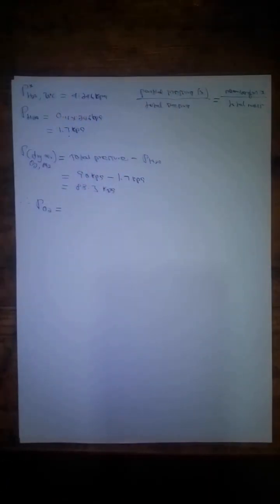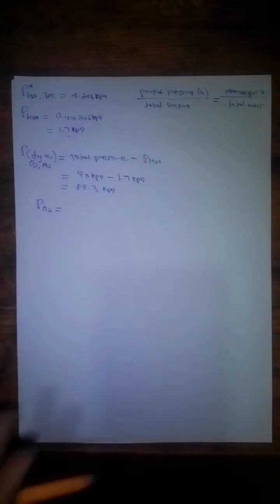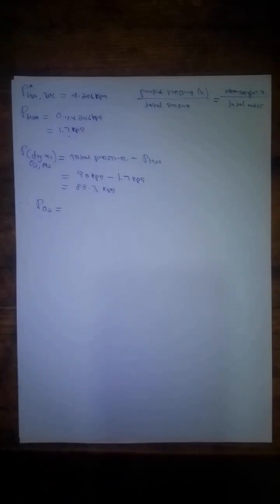So we know that the air is composed of 21% oxygen and 79% nitrogen. So that is the number of moles of oxygen and of nitrogen.